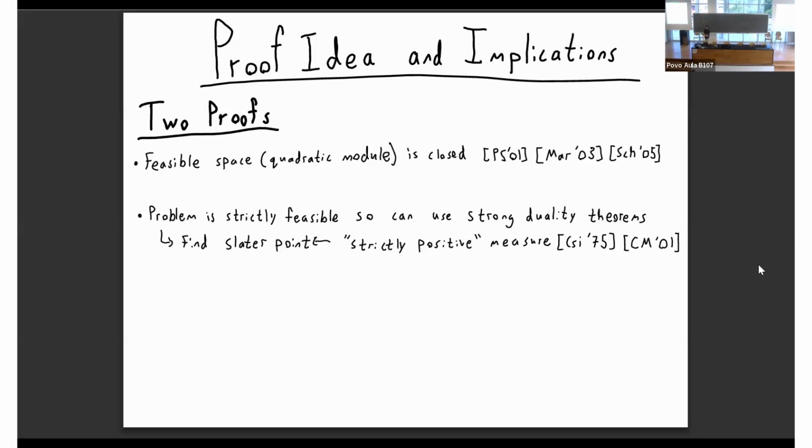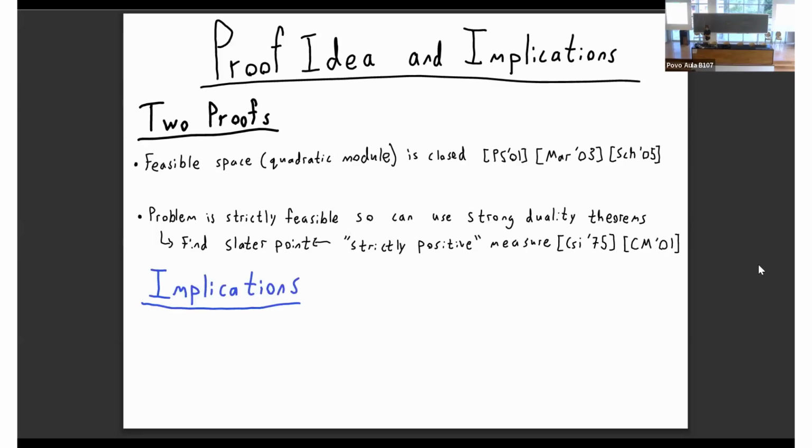So the strict feasibility point also somehow makes solvers happy, and this can give good implications to numerical computations. So the implications of this theorem I already kind of talked about a bit. You have existence of optimality certificates.